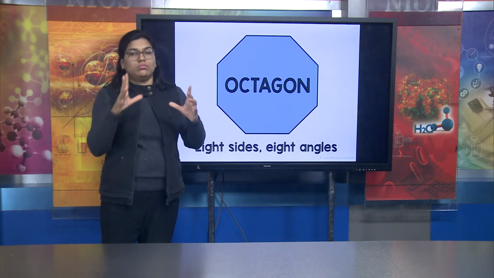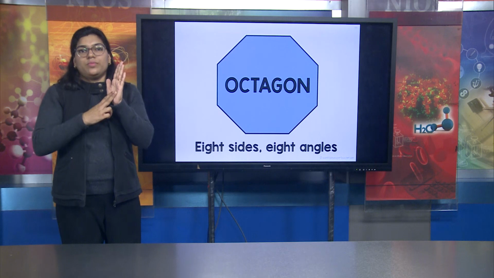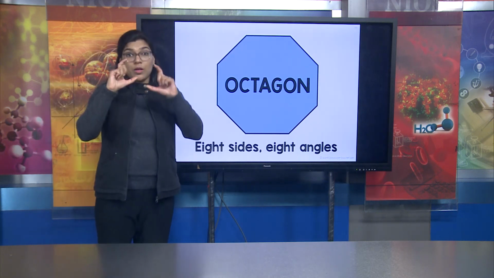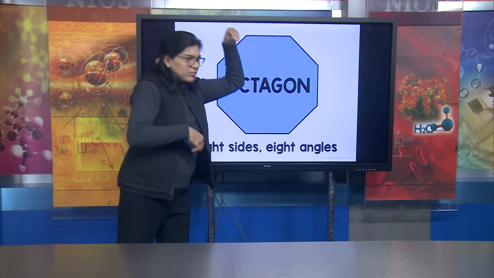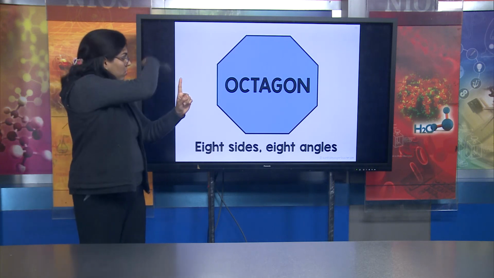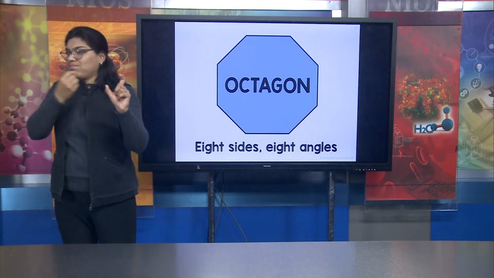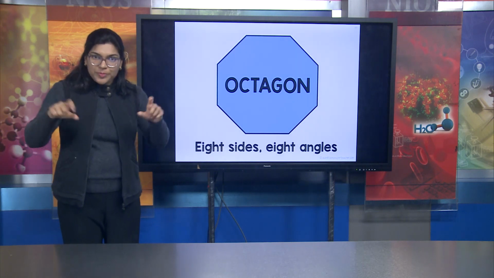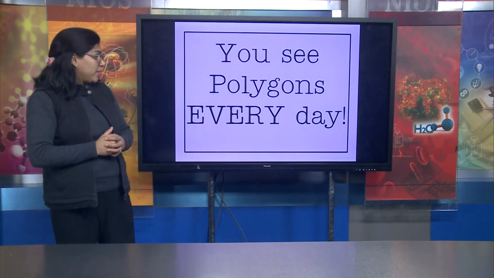When the sides are 8, its name would be octagon. Okay, understood? You have to be careful. If there is any word ending in GON, that does not mean it has many sides. So you have to remember the number of sides and that image name properly. Let us move further.